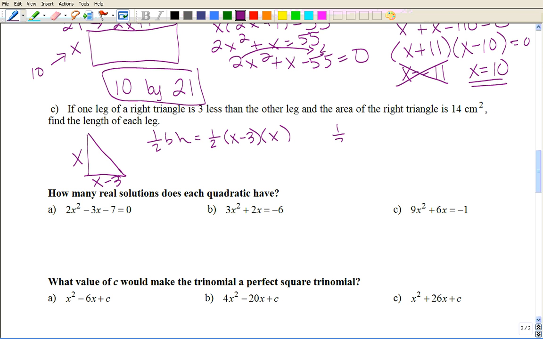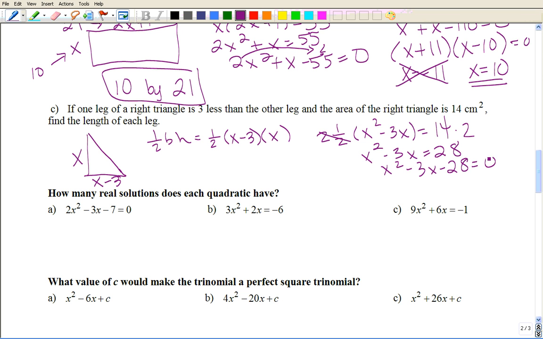So if I multiply this x in, I have x times x minus 3, x squared minus 3x equal to 14. If I multiply both sides by 2, I'll get x squared minus 3x equals 28. And then if I subtract 28, I get x squared minus 3x minus 28 equals 0.